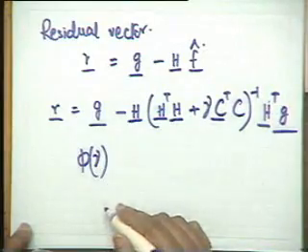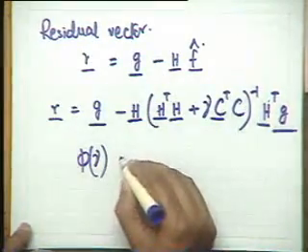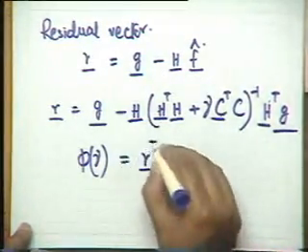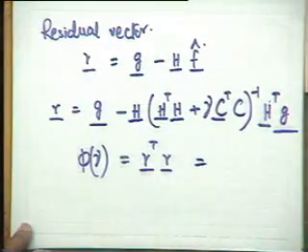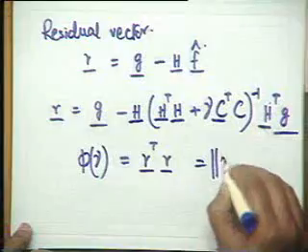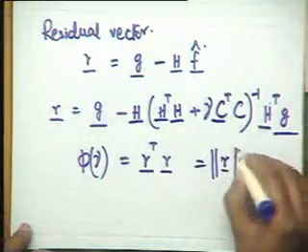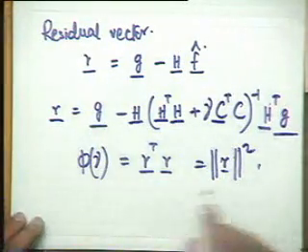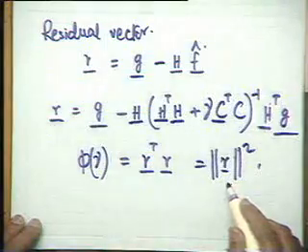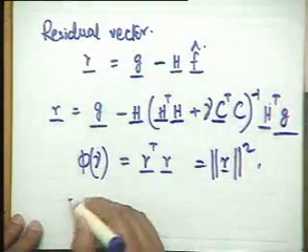A function phi of gamma is defined as r transpose r, and that is going to be the norm of r square. Agreed?